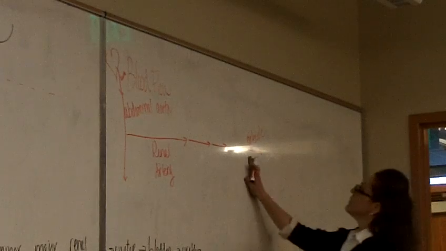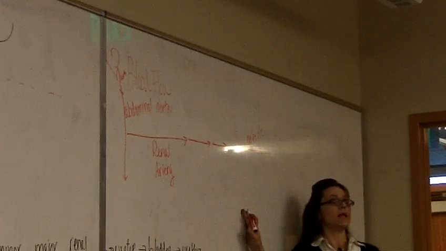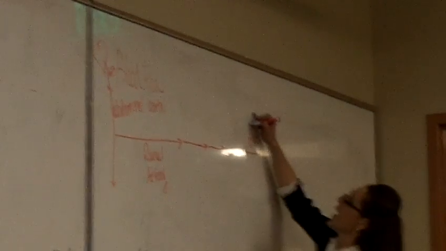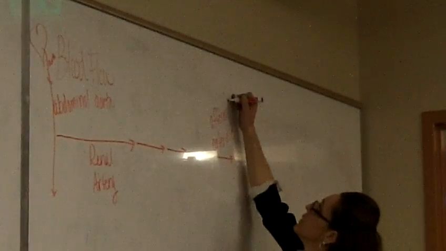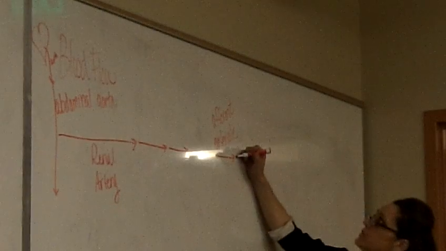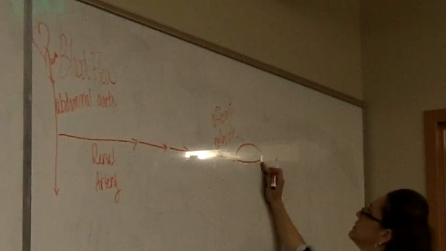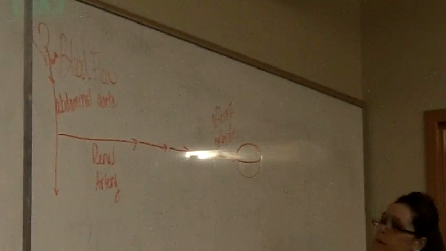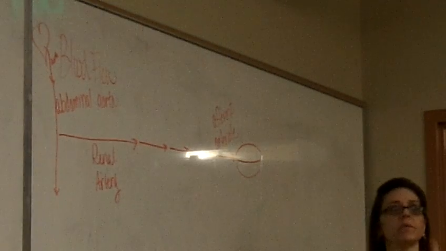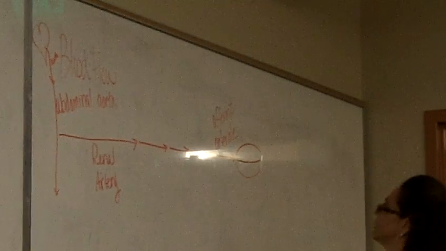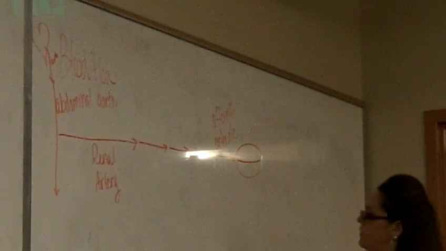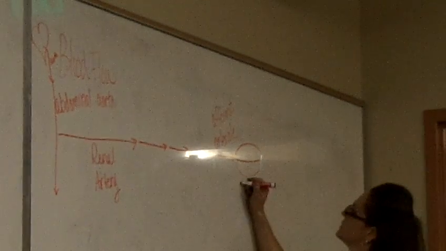Now, this arteriole has a particular name, and it's called the afferent arteriole. And arterioles take us into what? Capillary beds. And the first capillary bed that we're going to encounter is called the what? The glomerulus.